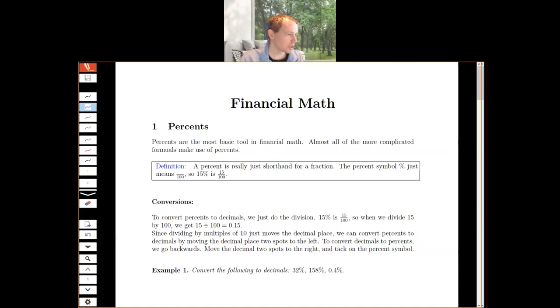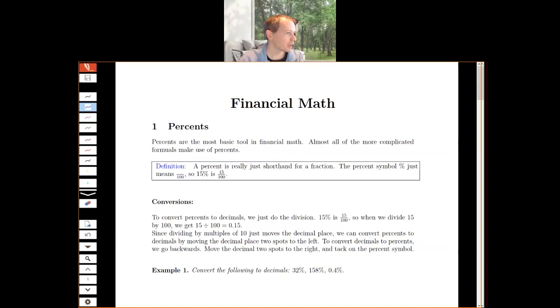What we're going to do in this unit is focus on things like, how does interest work? We'll look at saving money, loaning money. We're going to look at things like taxes and credit cards and mortgages and things like that.